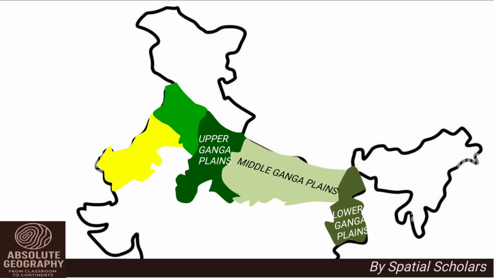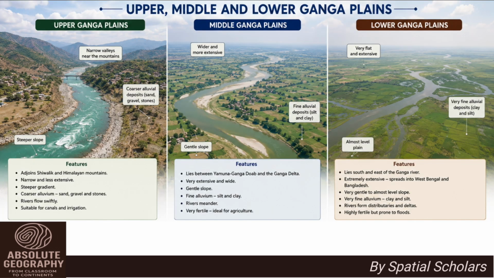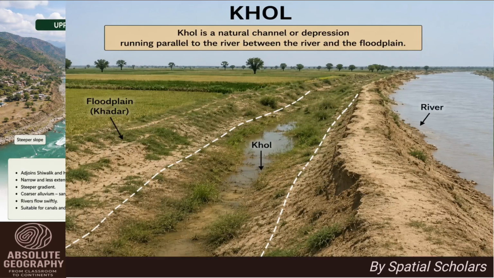The upper Ganga Plain mainly includes the Ganga-Yamuna Doab. Here, the alluvial deposits are extremely thick, ranging between 1000 to 2000 meters. The old alluvium forms the Bhangar uplands, while the newer alluviums form the low-lying Khadar plains. The slope between these uplands and lowlands are locally known as khols.